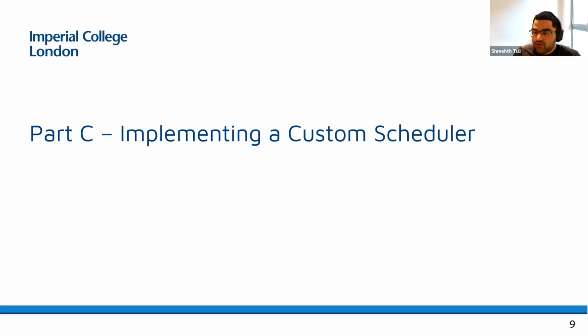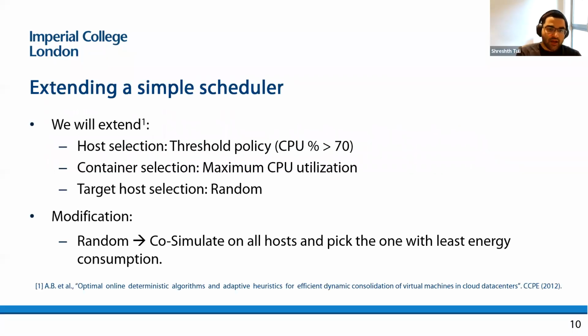Let me now introduce how to implement your own custom scheduler in COSCO. For this tutorial, we will extend a very simple scheduler from a 2012 paper, where the host is selected from a threshold policy, wherever CPU utilization is greater than 70%, we select these hosts. And from these selected hosts, we select the container or the task that has the maximum CPU utilization within that host.